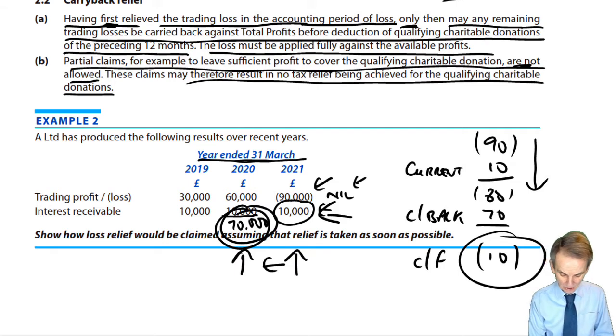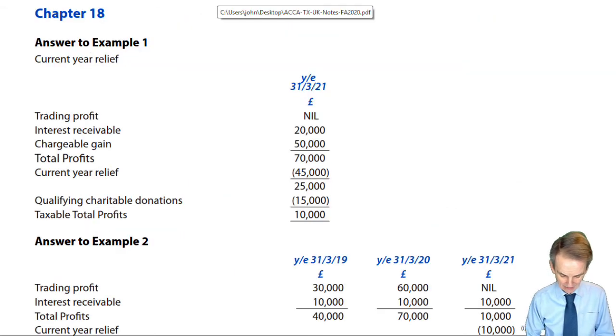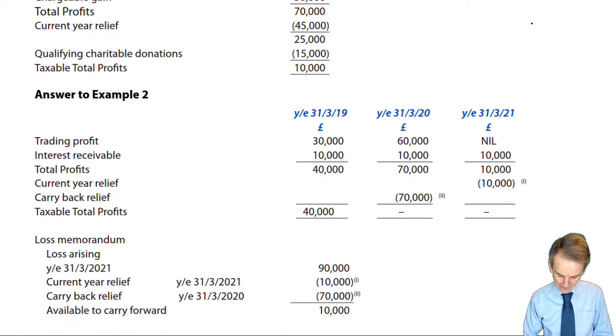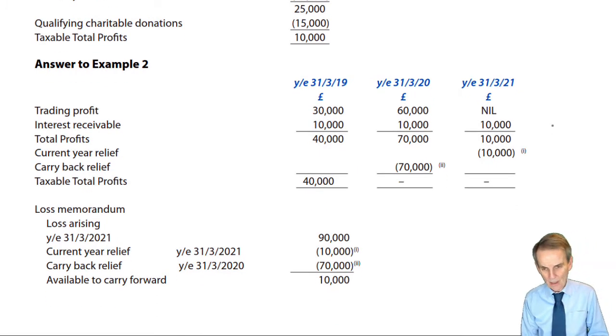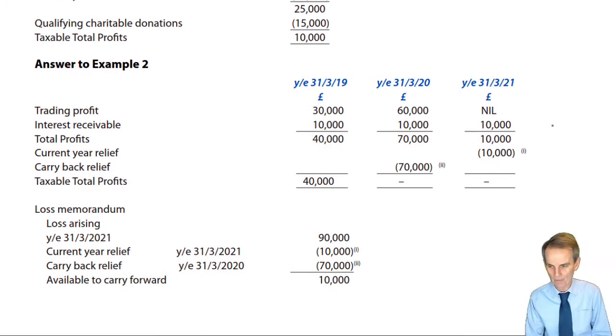Okay, let me just show you how that is presented here. When dealing with, as it would be a section C question, there's always the period of loss. They're always going to give you a previous period or periods to allow you to demonstrate the 12-month carry back.